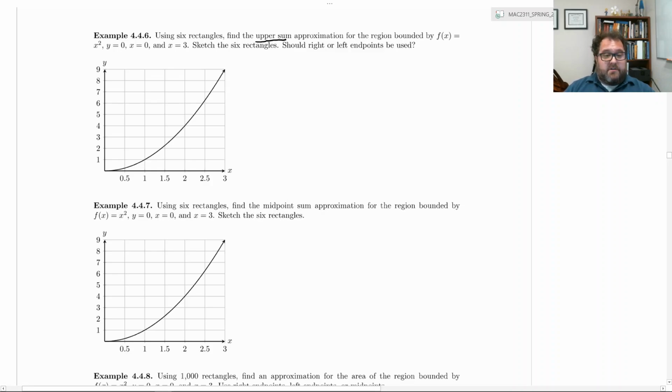If we imagine drawing this first rectangle, we're again using 6 rectangles over the domain 0 to 3, so each is going to have a width of 1/2. That's delta x.